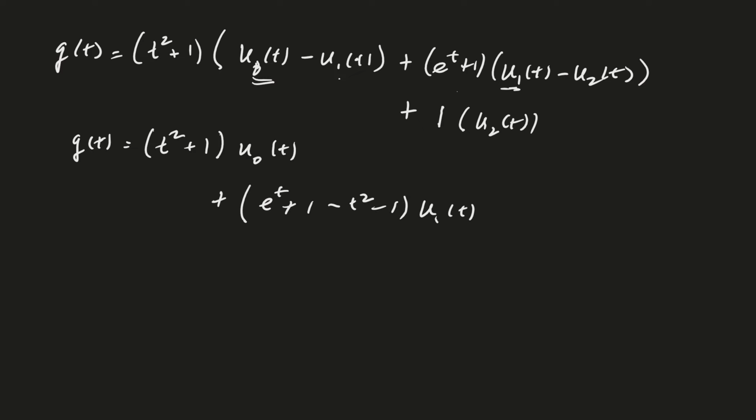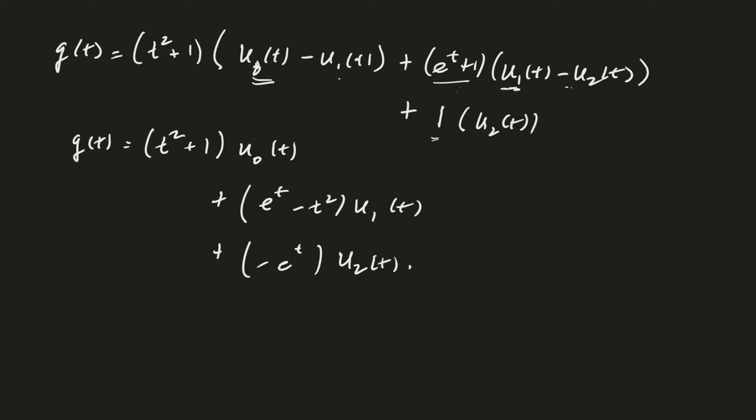In fact you could cancel those ones out, so maybe we'll rewrite that. There we go, u sub 1 of t plus, now for u sub 2 we have this one that we're adding to this, and this is a minus here. So that's going to be minus e to the t, and then minus 1 plus 1 will just give nothing, so that's u sub 2 of t. Good, and so now this is all ready to take the Laplace transform if we wanted to later on.